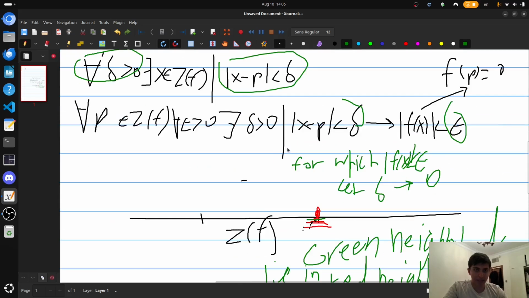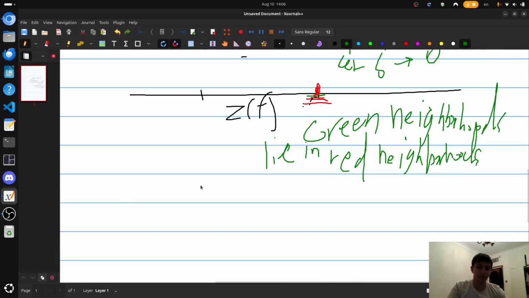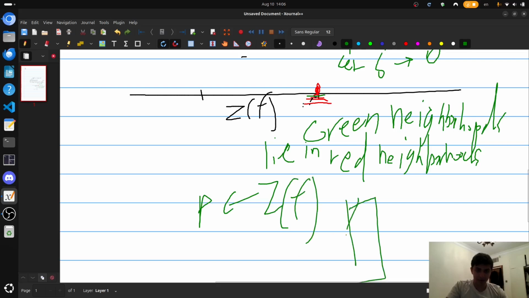So what's happening here is that we're using the definition of continuity and the definition of a limit point, and we show that there's always some delta at p for which you're going to have f of x is less than epsilon, which means that it is continuous at that point, and that when it's continuous at that point, it will give you that it is equal to 0. So that means it is part of z of f. So p is in z of f, which completes the proof.